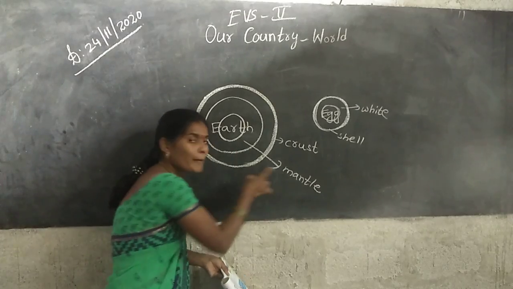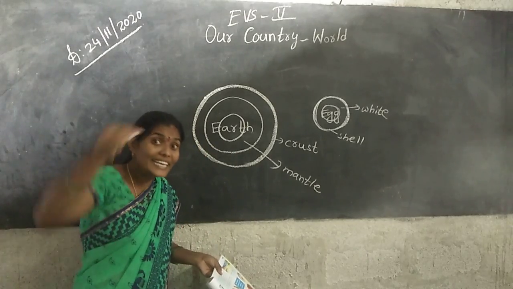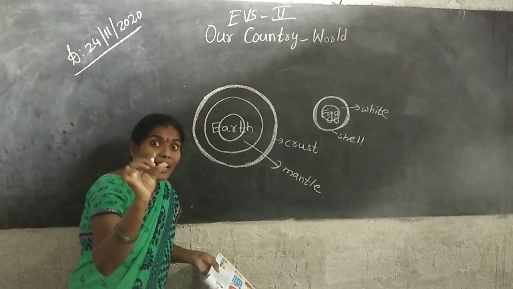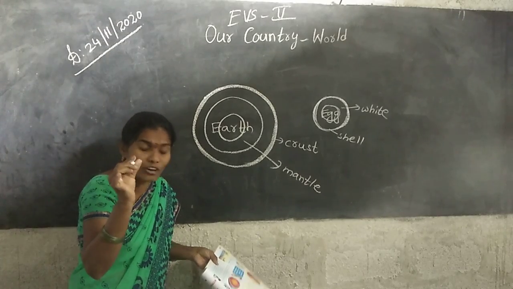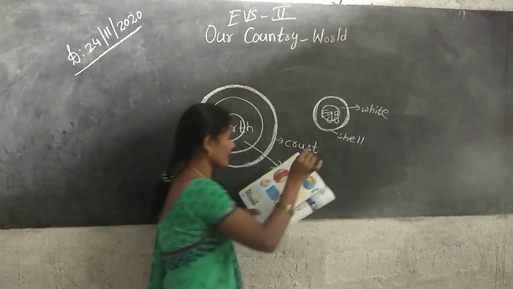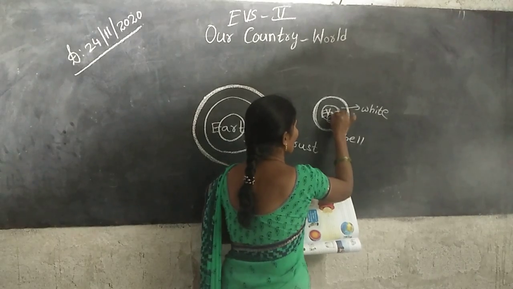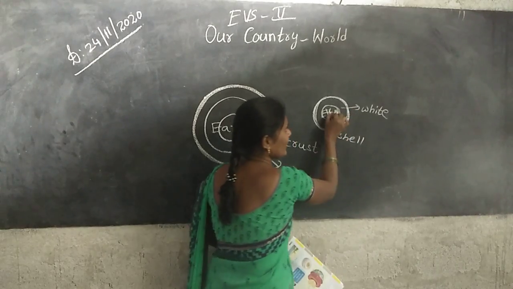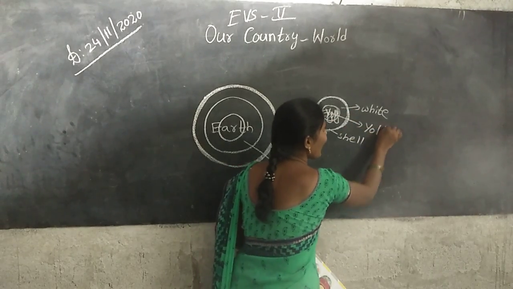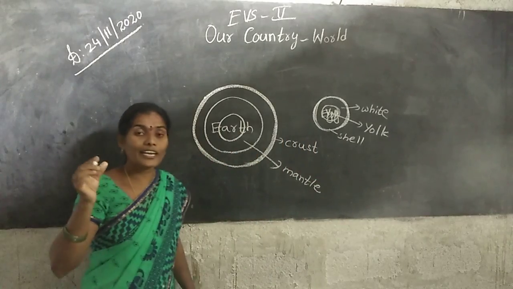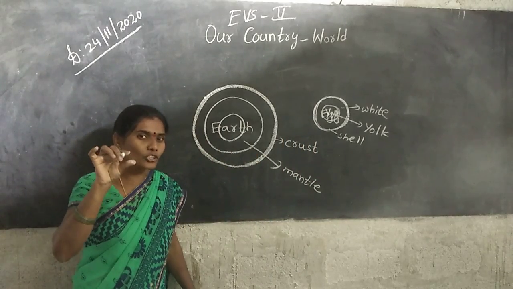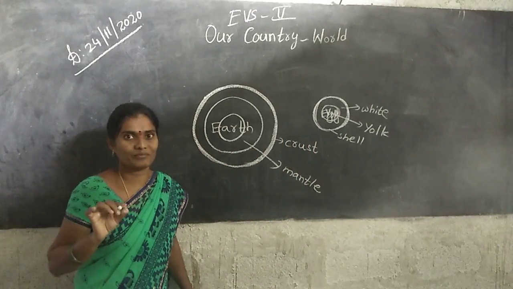The white layer is the mantle. And inside we can see the yellow part. Yellow part is there, no? The yellow part is called the yolk. Y-O-L-K, yolk. The inside part is called the yolk. The yellow part. Inside the egg there is a yellow part, no? The yellow part is called the yolk.